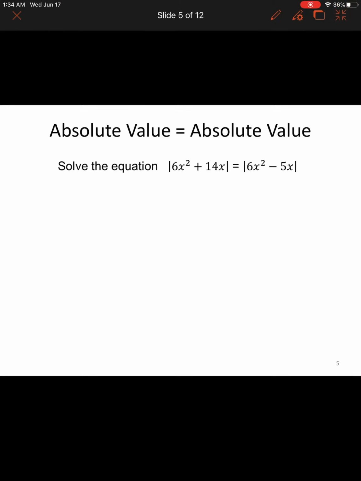Anytime you have absolute value on absolute value, don't be afraid. You just pick whichever one you choose to drop the absolute value bar from, and just write out your equations twice. I'm going to drop the absolute value bar from the equation to the right hand side.